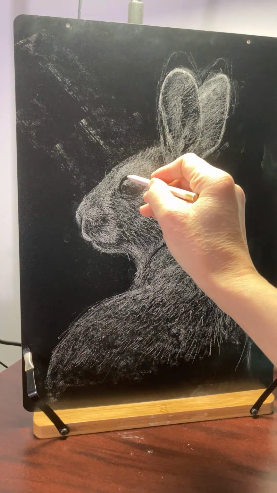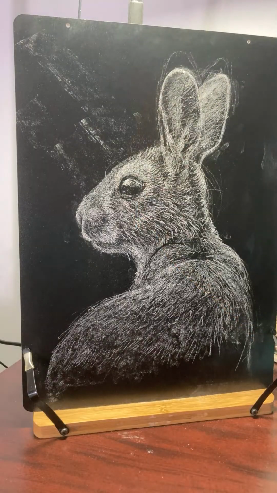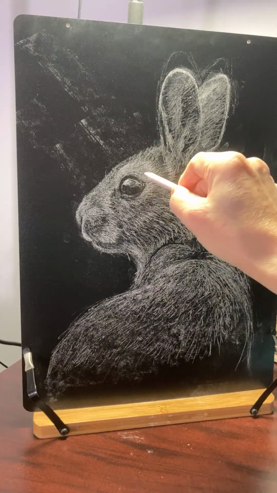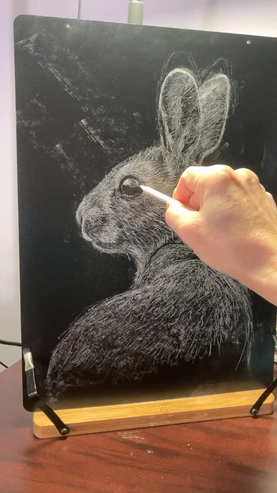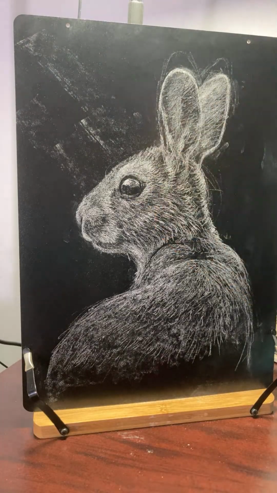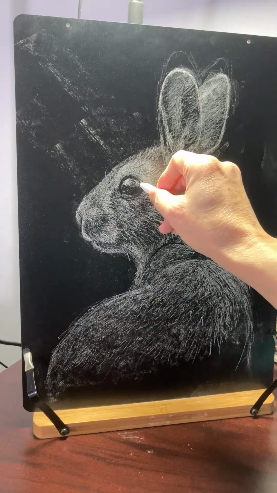And you see the eye, the shadow right there. And you see his eyeball right there. And on the left side here, I need the edge.